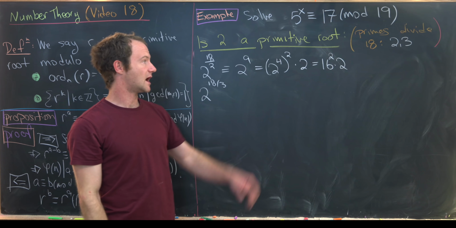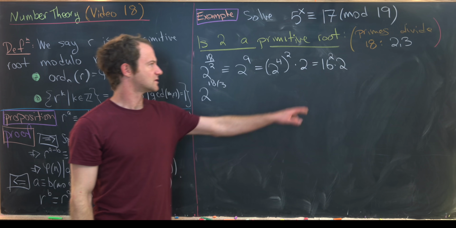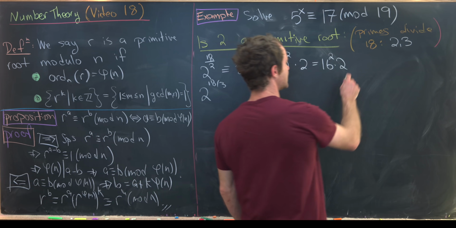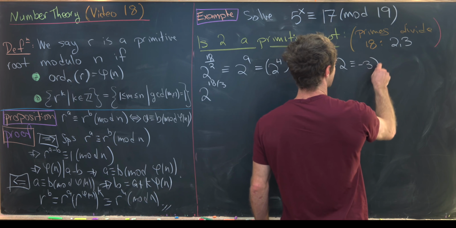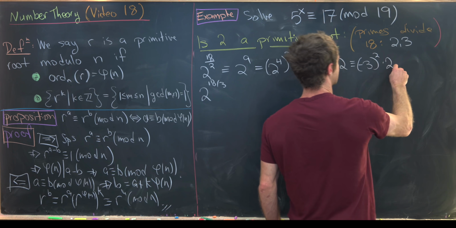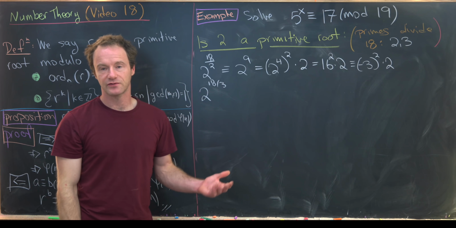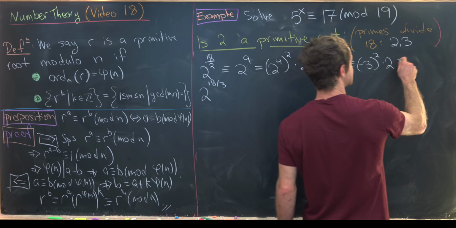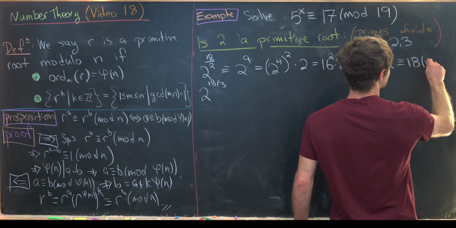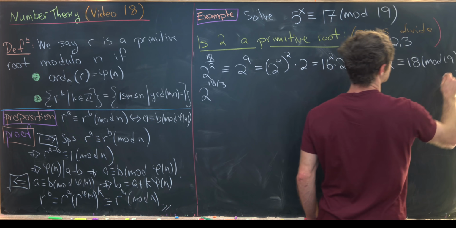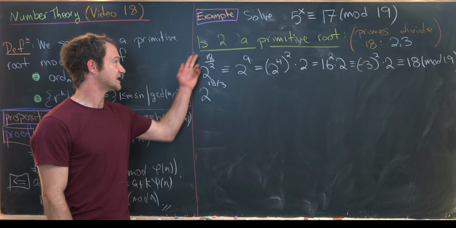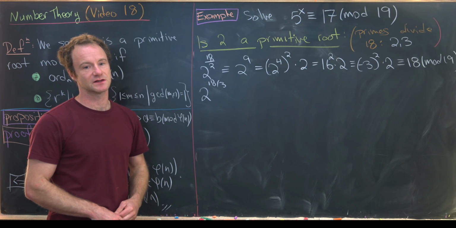But we're working mod 19, so let's recall that 16 mod 19 is -3. So this is -3 squared times 2. -3 squared is obviously equal to 9, times 2 is equal to 18. So this is 18 modulo 19. But that is not 1 mod 19, so the chance of 2 being a primitive root is still alive.